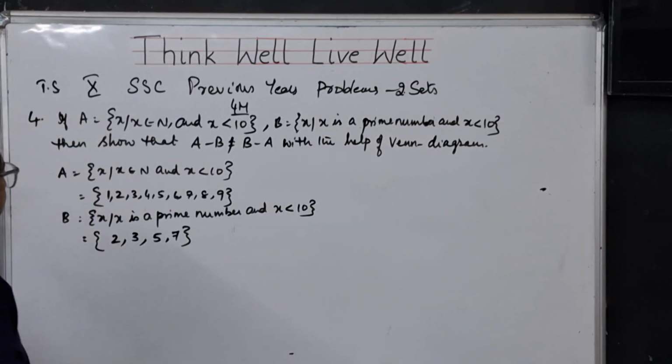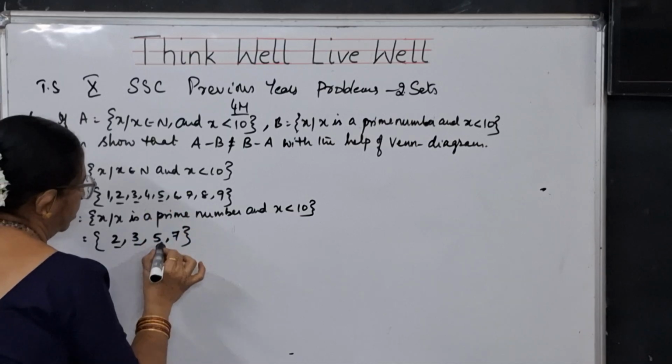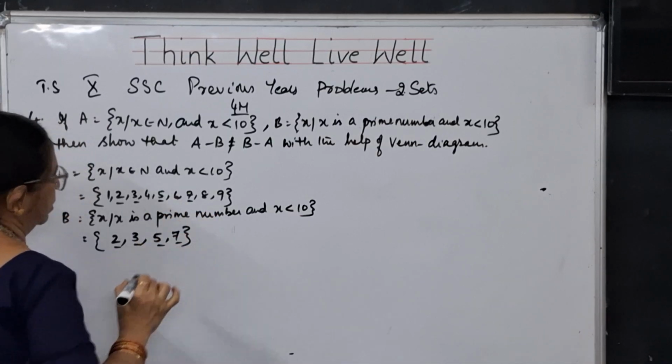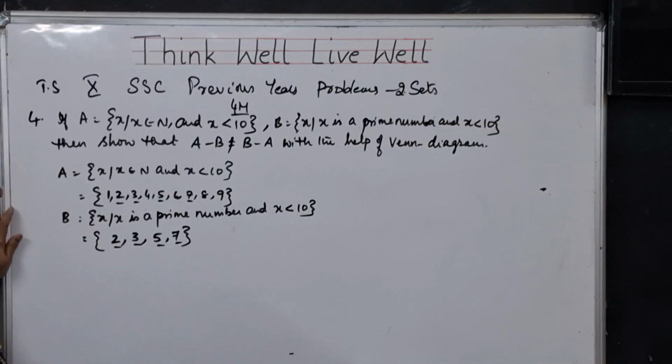Now he is asking you to represent them in a Venn diagram. So let us see the common elements, children. 2 is there, 3 is there, 5 is there, 7 is there. That means all elements of B are there in A. What do you mean by this, children?